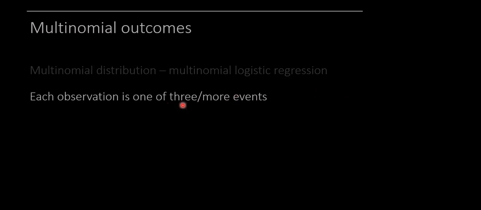Remember with logistic regression for binary outcomes, the outcome can only take one of two events. Either it occurred or it didn't occur. Maybe each observation is binary, or maybe each observation is the number of occurrences out of the total number of trials. But here, you've got three or more distinct events that can occur.